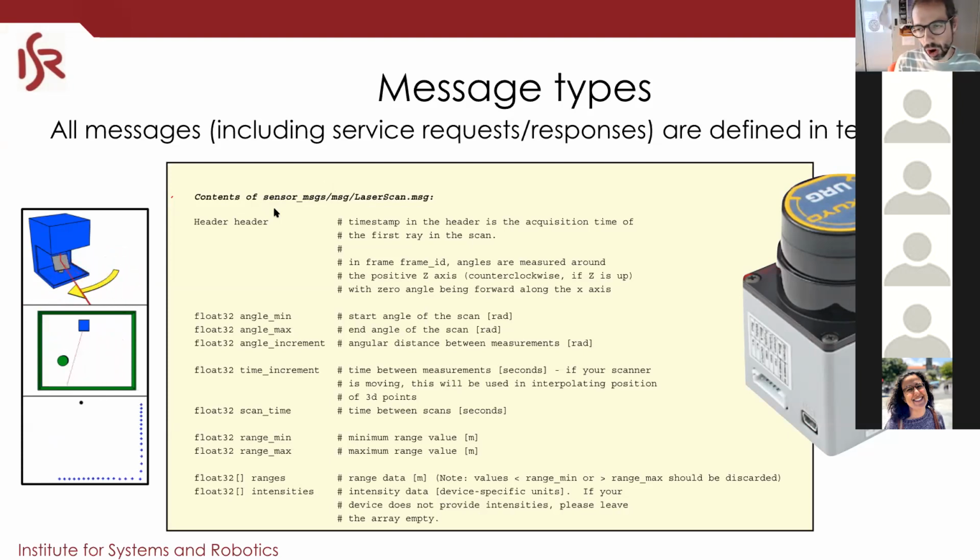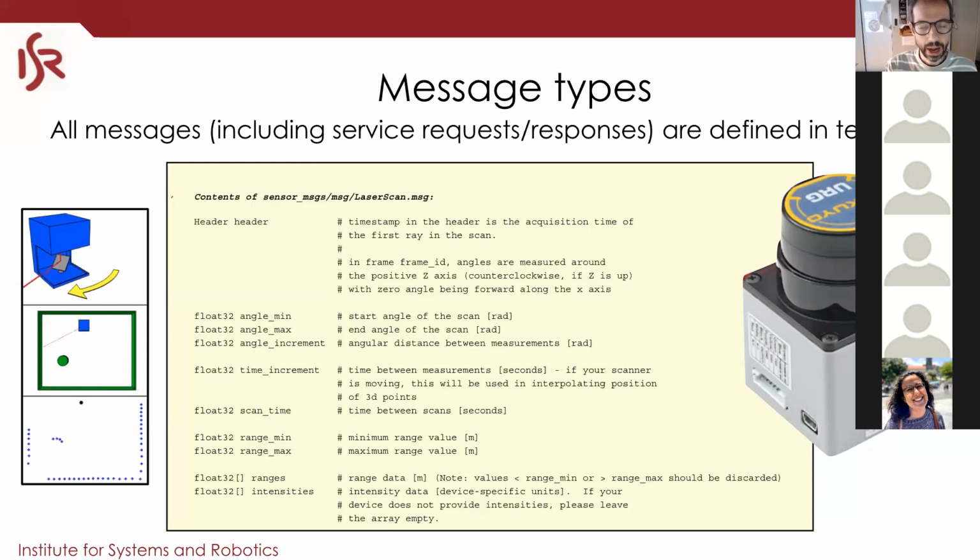Any driver for one of those sensors should use those message types. A driver for a laser should use this one, a driver for a camera should use the image data type, and so on. Magnetometers, inertial measurement units, you have a bunch of those.